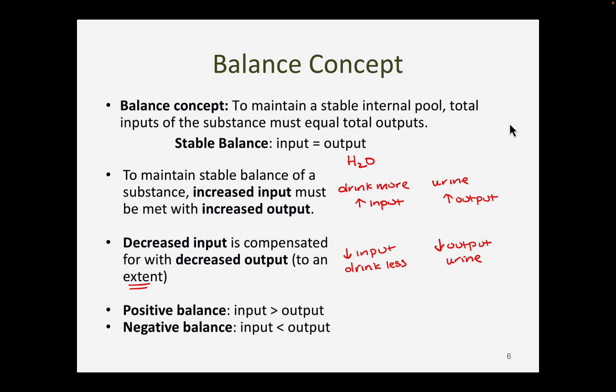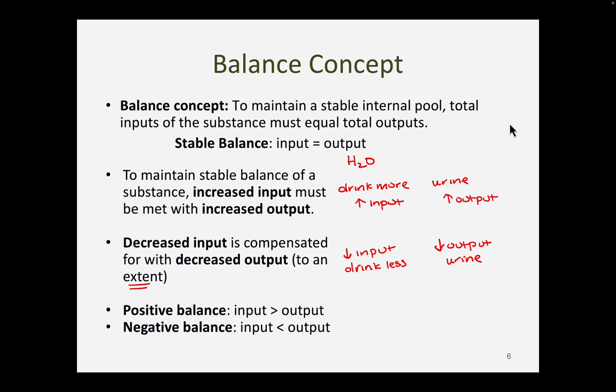So let's say there's a day where I didn't have much water, I'm probably just not going to make as much urine. But if I never drink water, every day I'm losing a bit of water, my body can't fully compensate for that. So eventually I will become dehydrated to the point that that could be fatal. So we can only compensate for decreased input to an extent. Maybe a few days of not drinking as much water as we should.